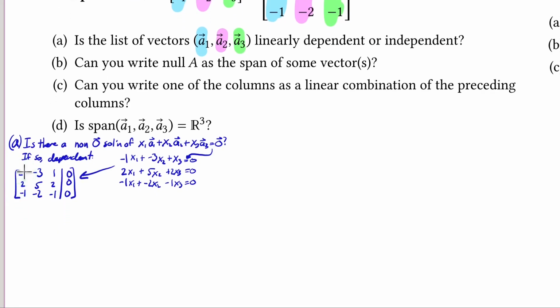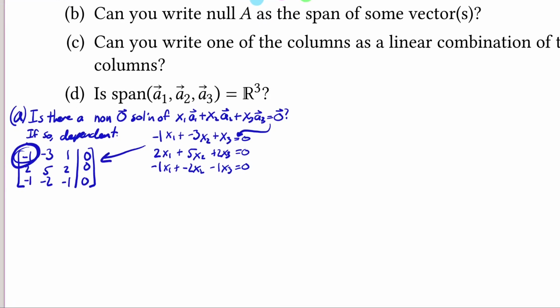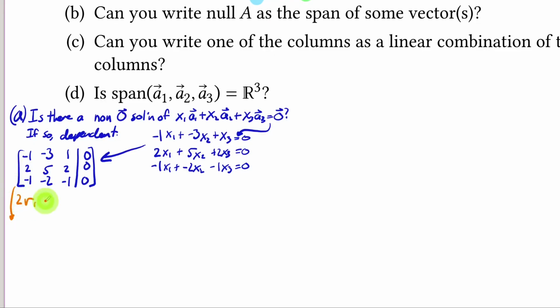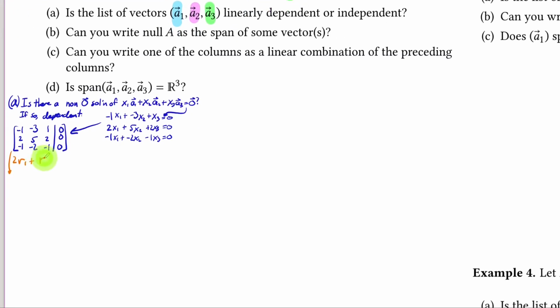We have a -1 here, which is nice. So let's use that to clear away the 2 and the -1 below it. We're leaving row 1 alone.